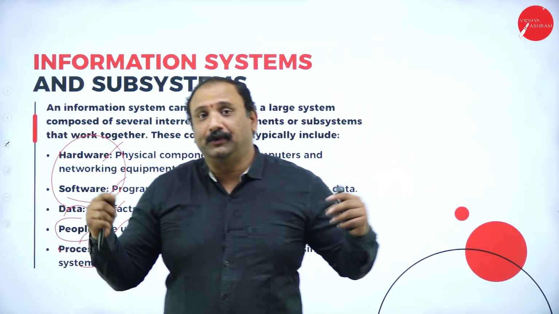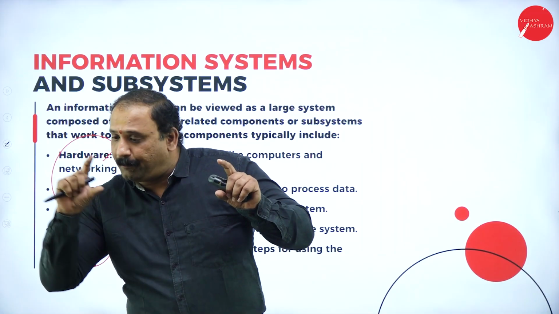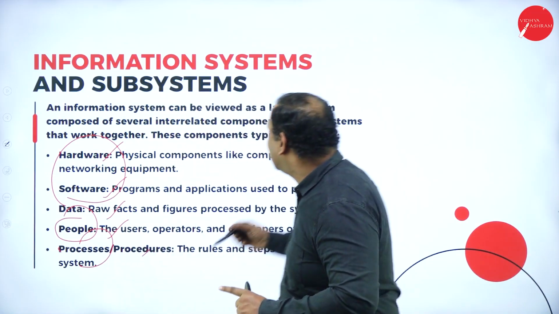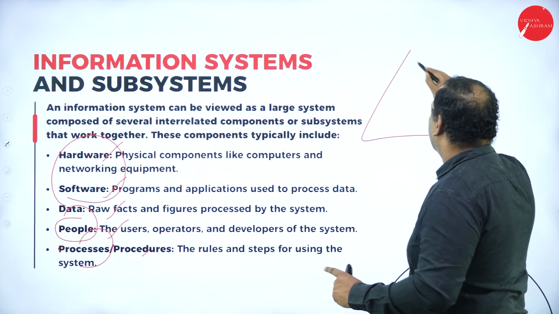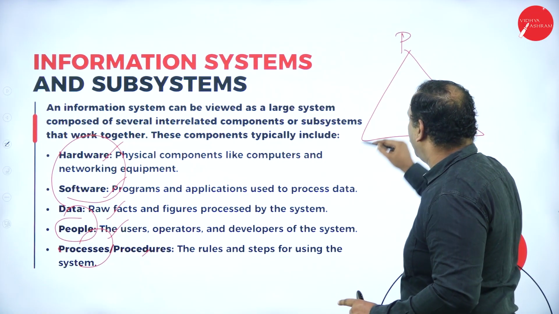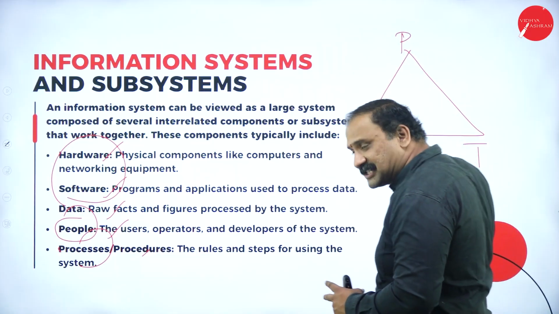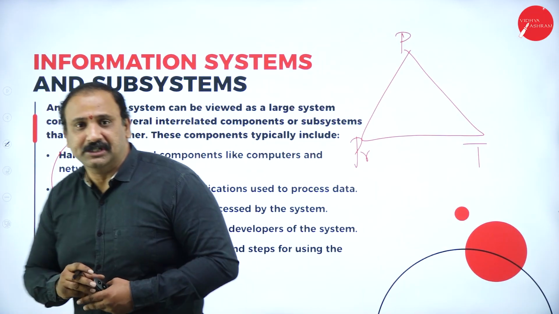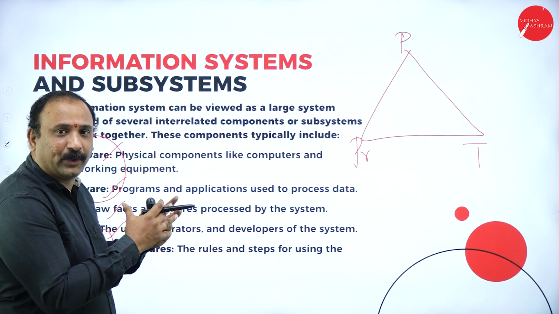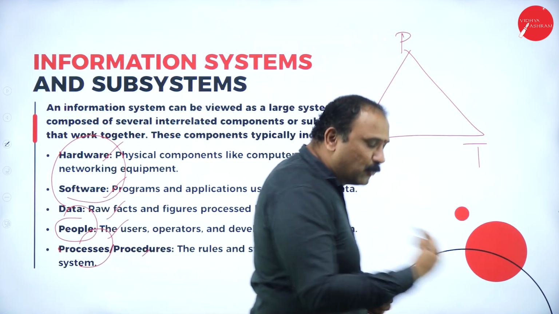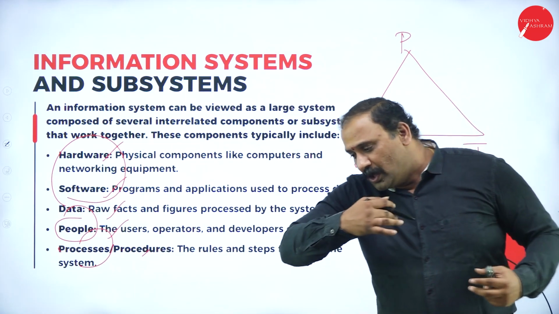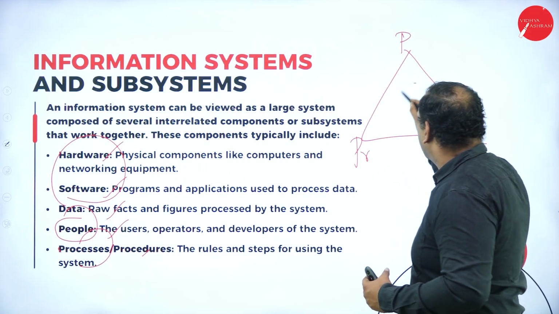So as I was trying to tell you, people, process, and technology is the triad, the triangle that we are talking about. We have the people here, we have the process here, and we have the technology here. This combines the entire business, this combines the entire activity, and starts talking about how to build it, how to go about it, how to understand the entire psychology here.